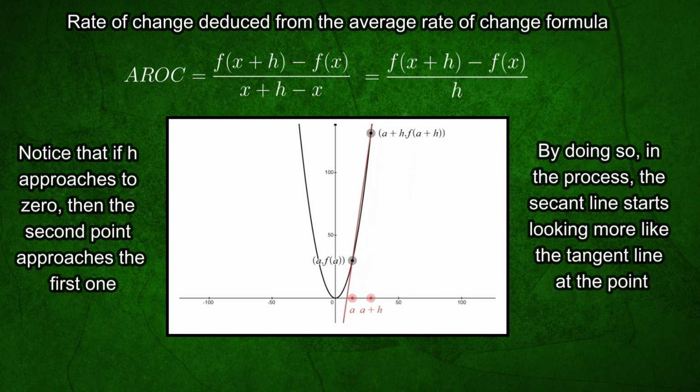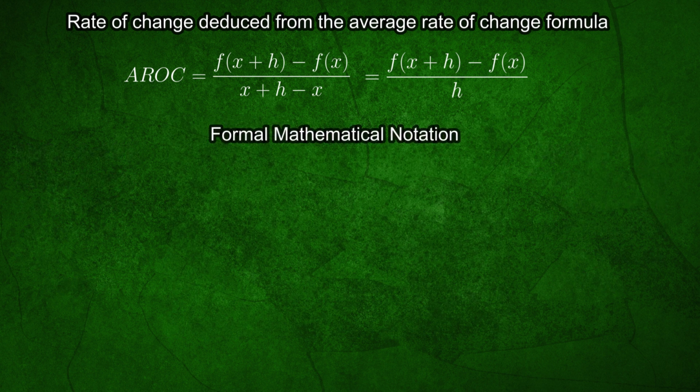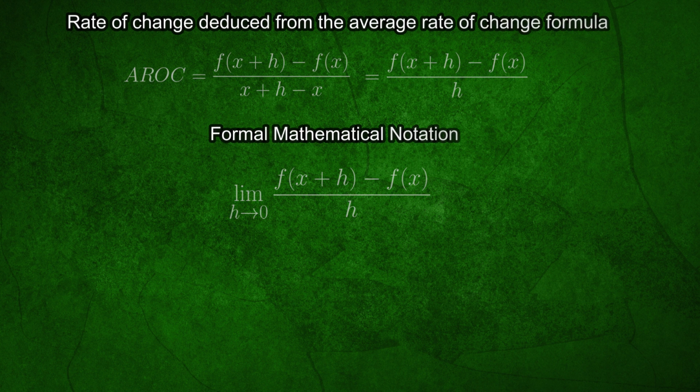And once we do this, we can notice how the secant line transforms into the tangent line at the point x, f of x. Mathematically, we write the limit when h goes to 0 of f of x plus h minus f of x divided by h for obtaining the rate of change of the function.